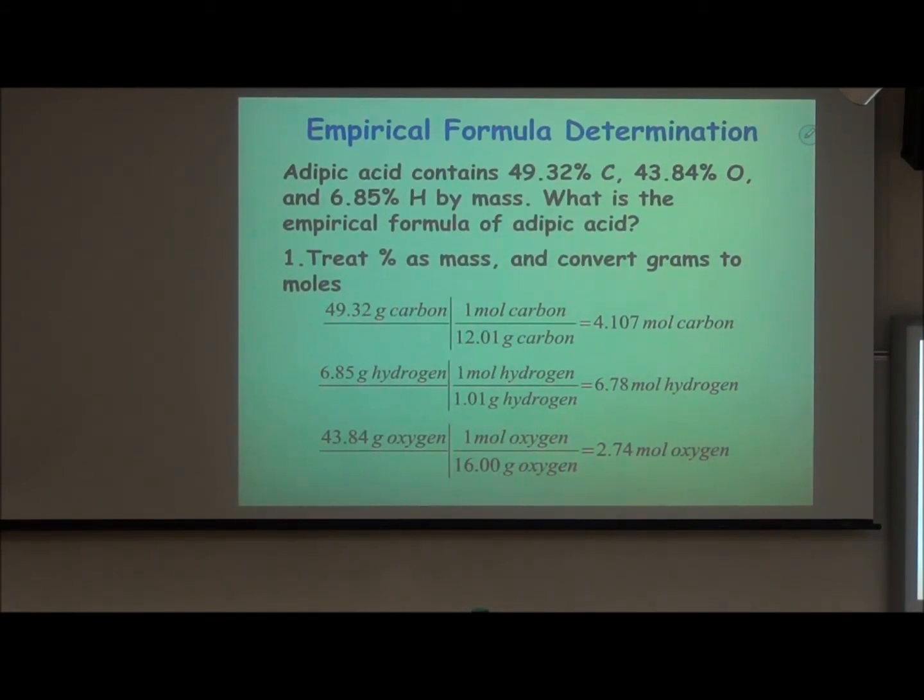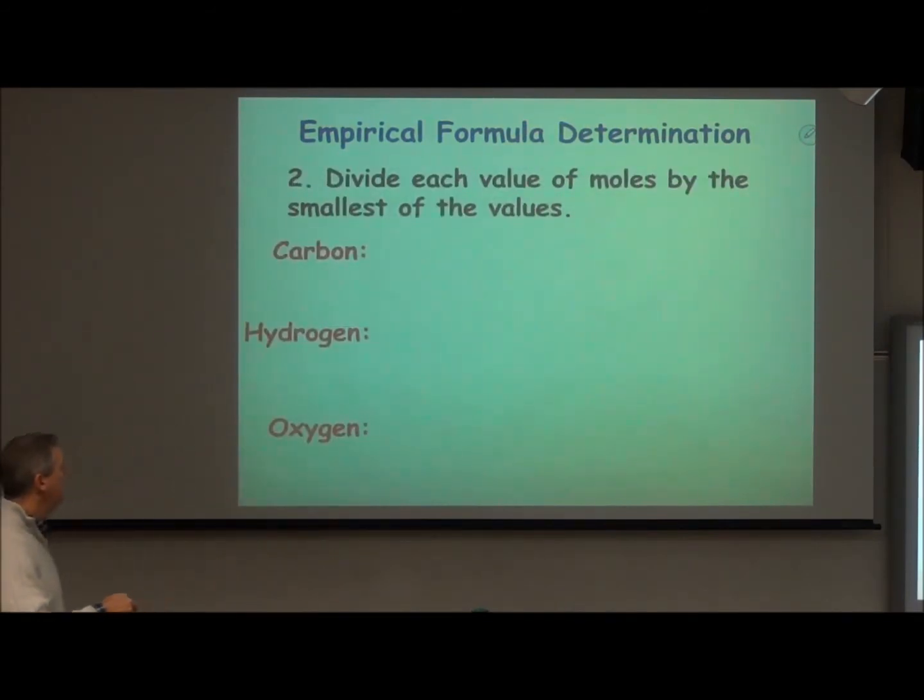Divide by the smallest. Well, our smallest one is 2.74 moles of oxygen. So we're going to divide everything by 2.74. So our 4.107 moles of carbon divided by 2.74.